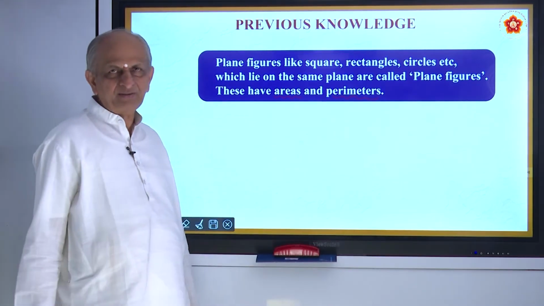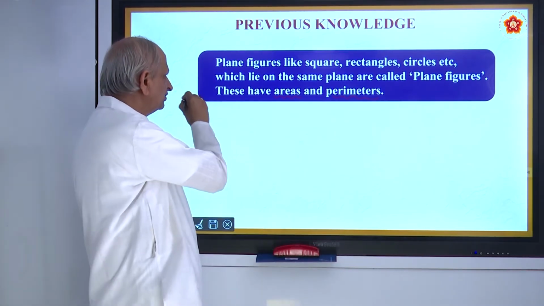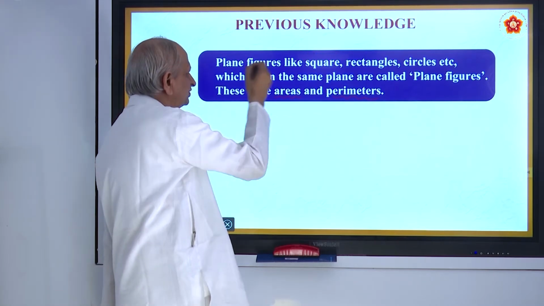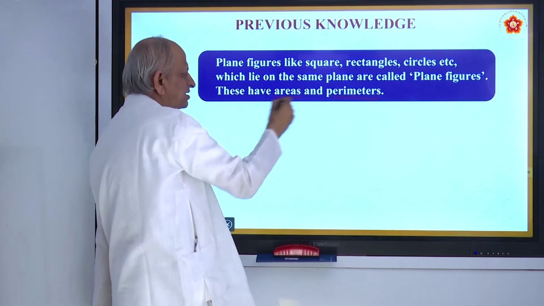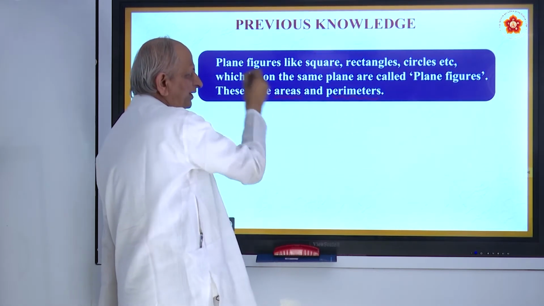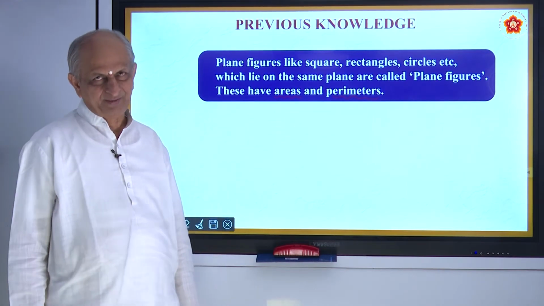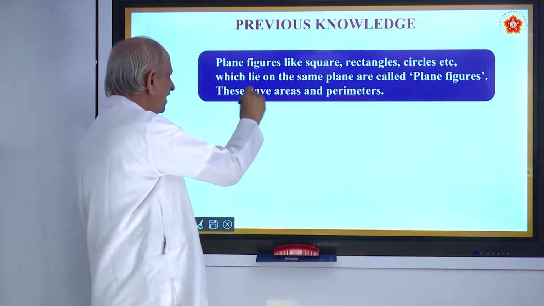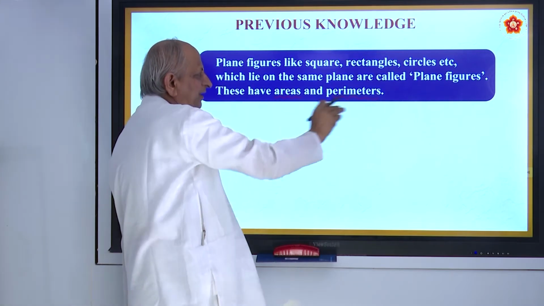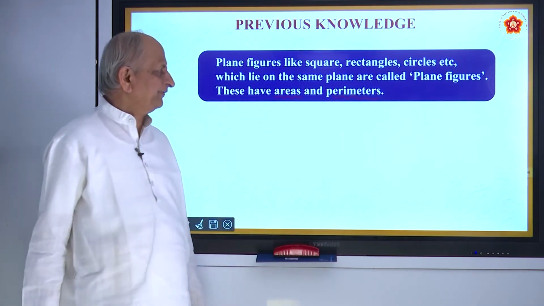What is perimeter? Perimeter is a total length. Suppose this is a rectangle, it has got two lengths and two breadths. Sum of these is called the perimeter. What is area? Area means the region covered by that figure.